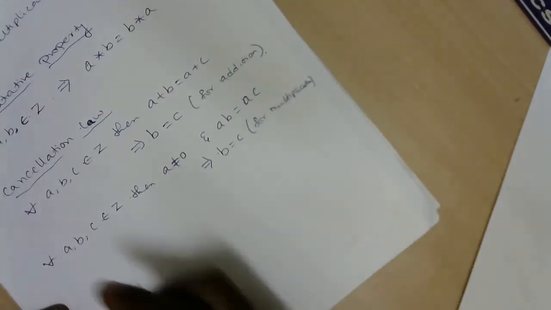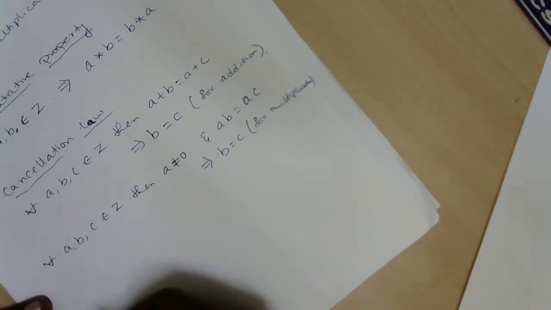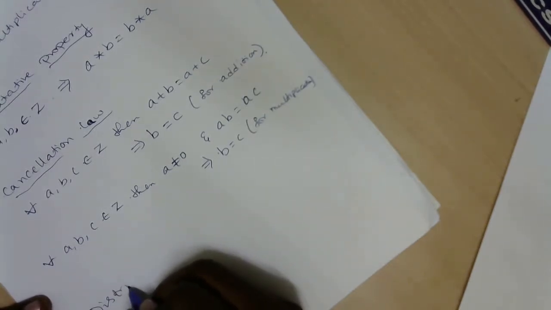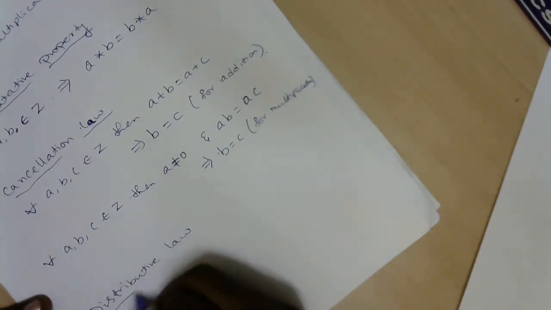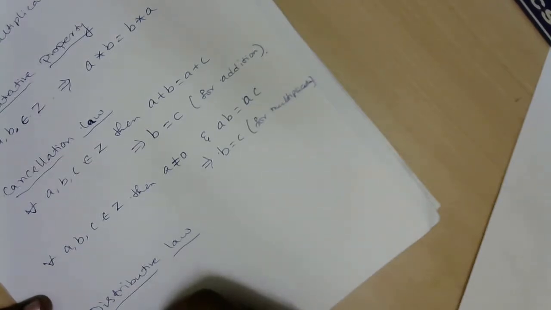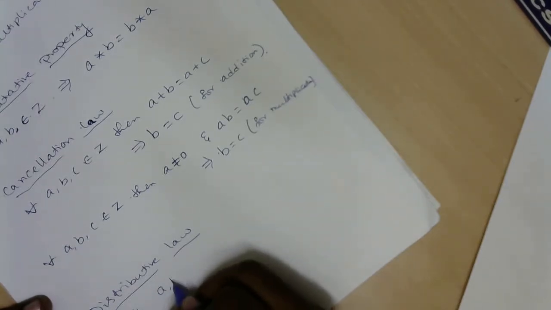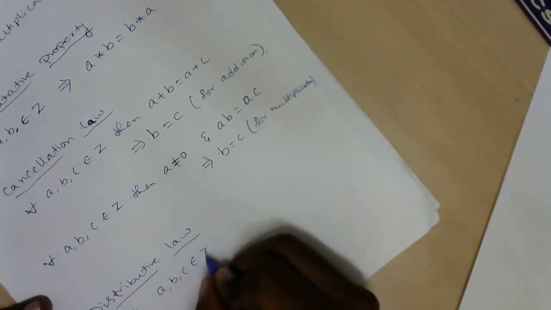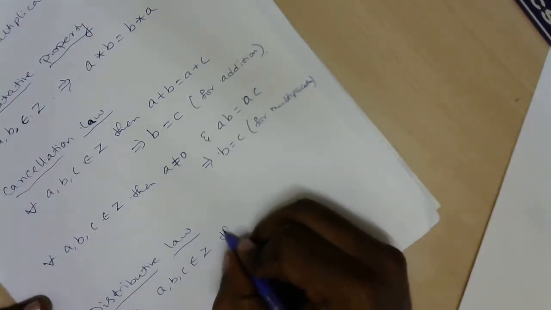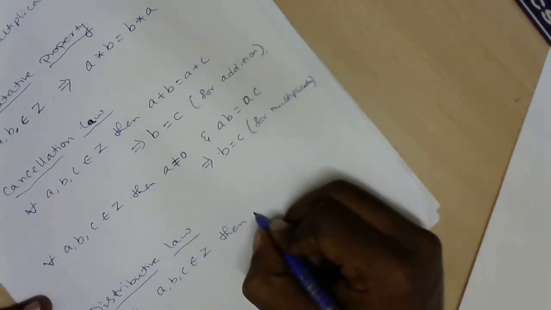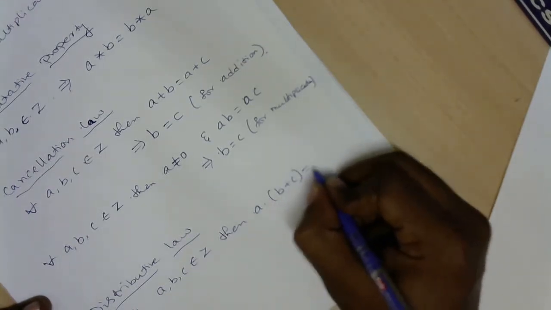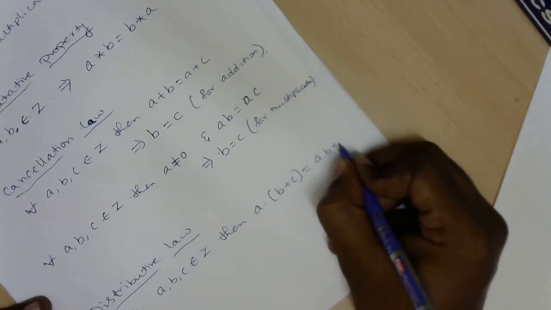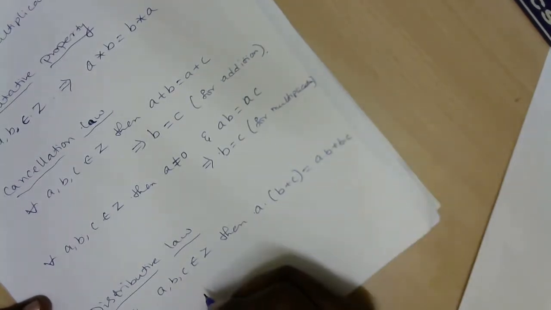For multiplication. So last one here, distributive law. If a, b, c belong to Z, then a dot (b plus c) equals a dot b plus a dot c.